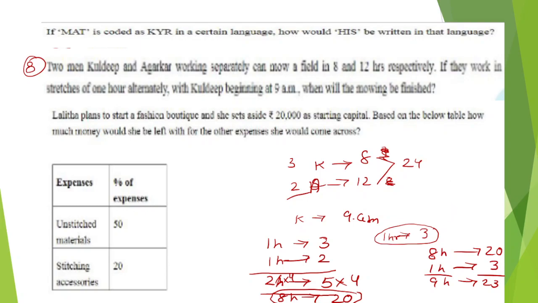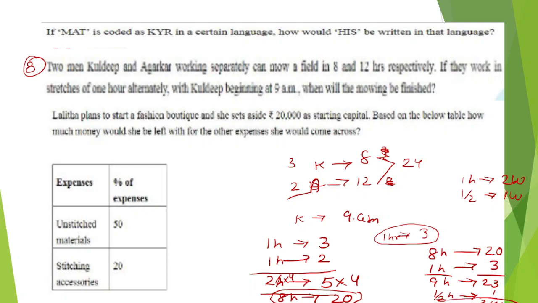In 1 hour he completes 2 work, so in half an hour he will complete 1 work. So it will be 24 work, the complete work, completed in 9 and a half hours.